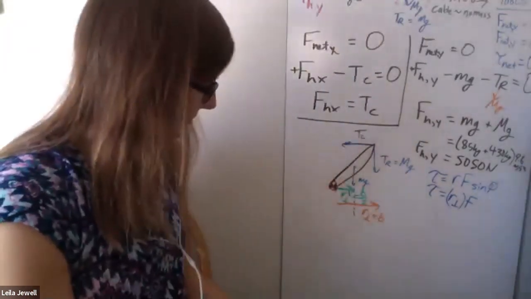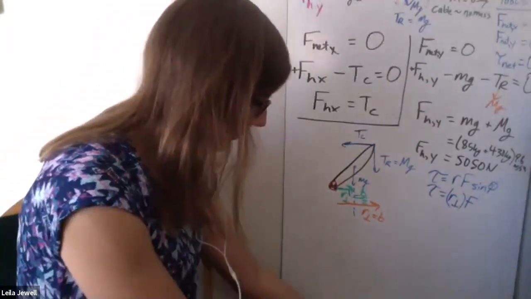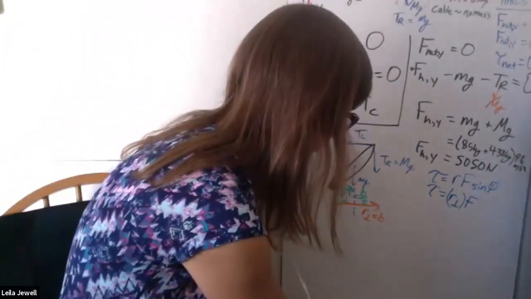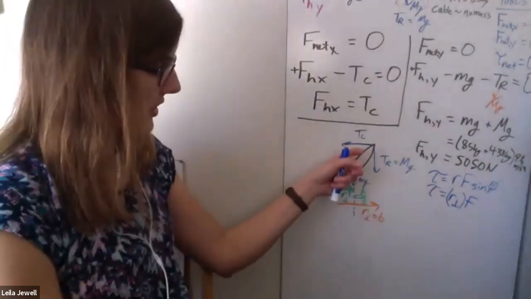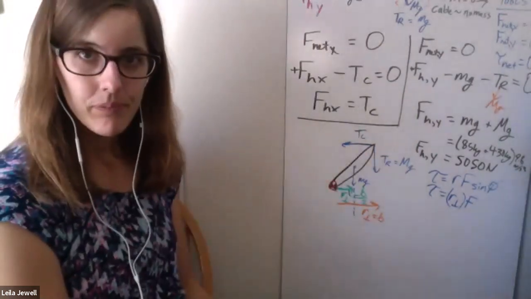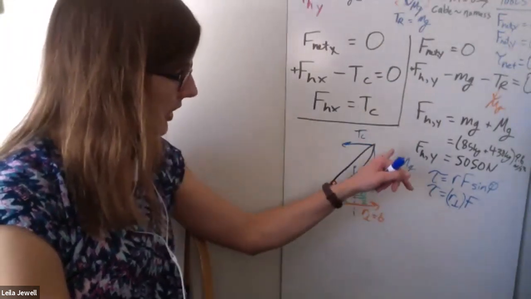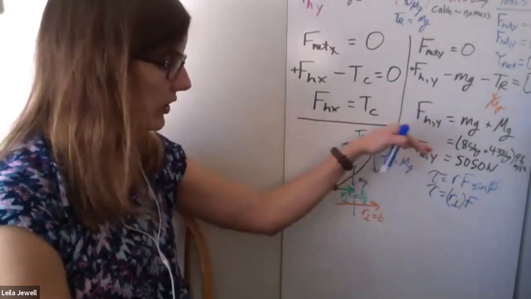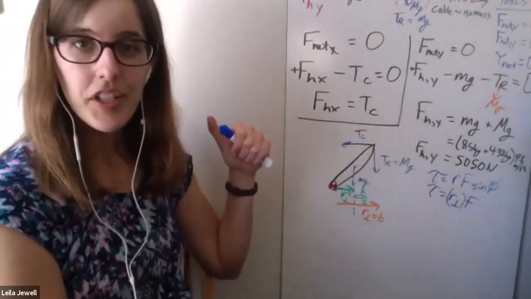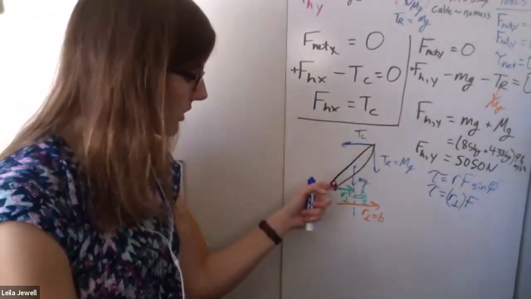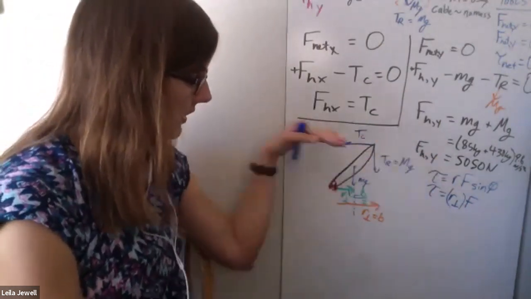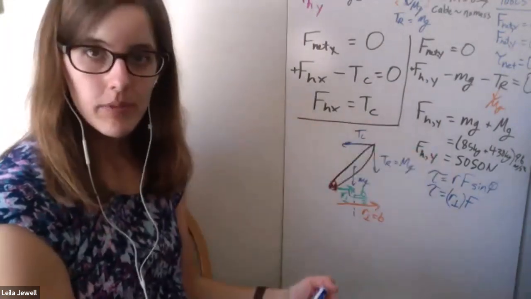There we go. Okay, I want you to think for a moment about what our last R perpendicular would be for this tension in the cable. Have you thought about it? Okay, well note the tension in the cable is pointing in the horizontal direction, so our R perpendicular is going to have to be vertical, going from the axis of rotation to that vertical line of action.